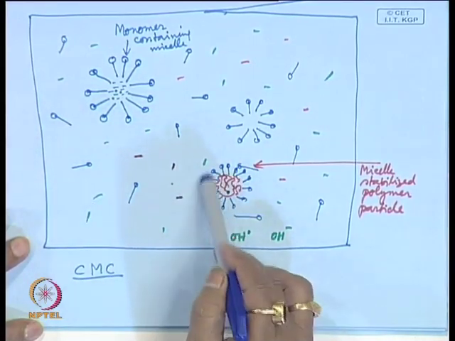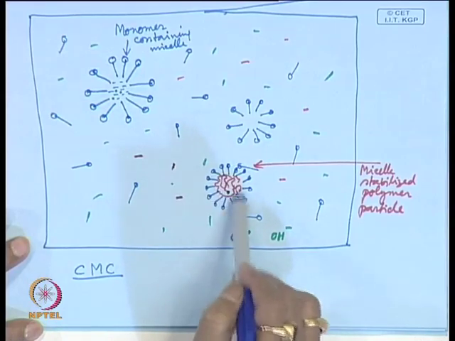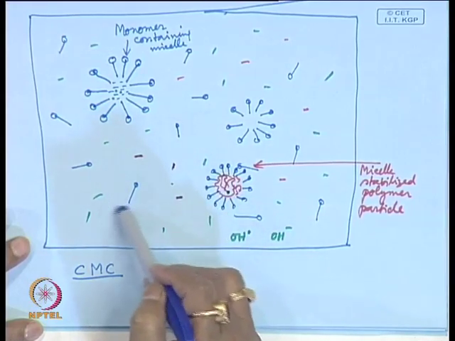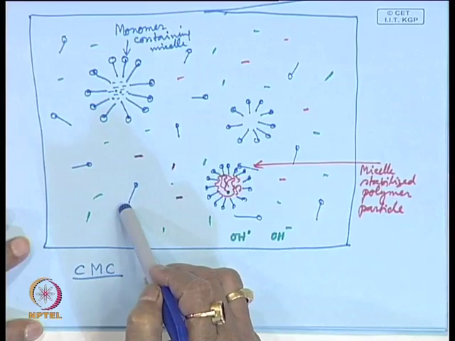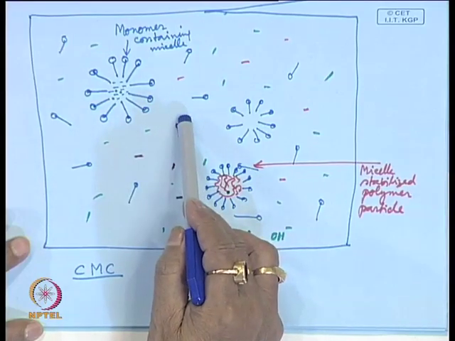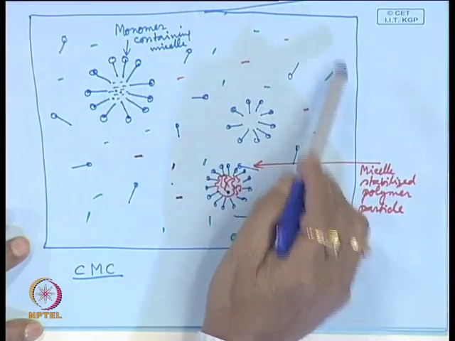Here I have shown only one polymer particle formation. Another particle formation can go simultaneously, and another. So, within the system a large number of polymer particles can start formation simultaneously.